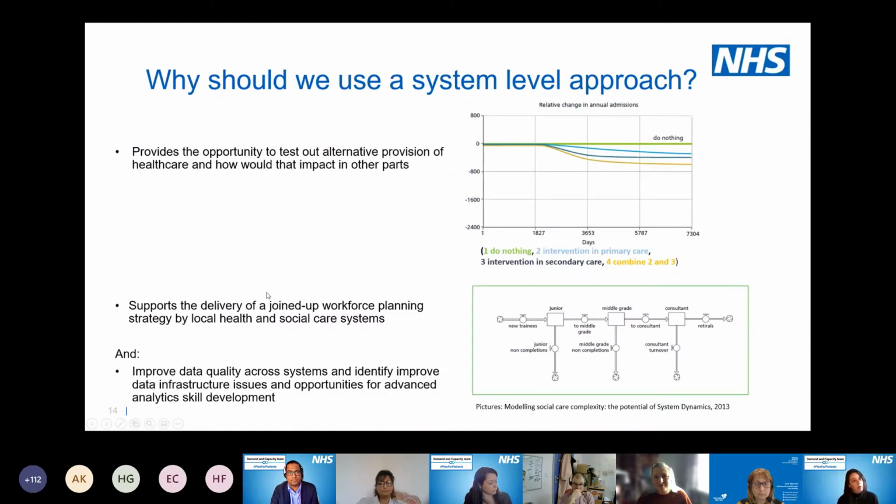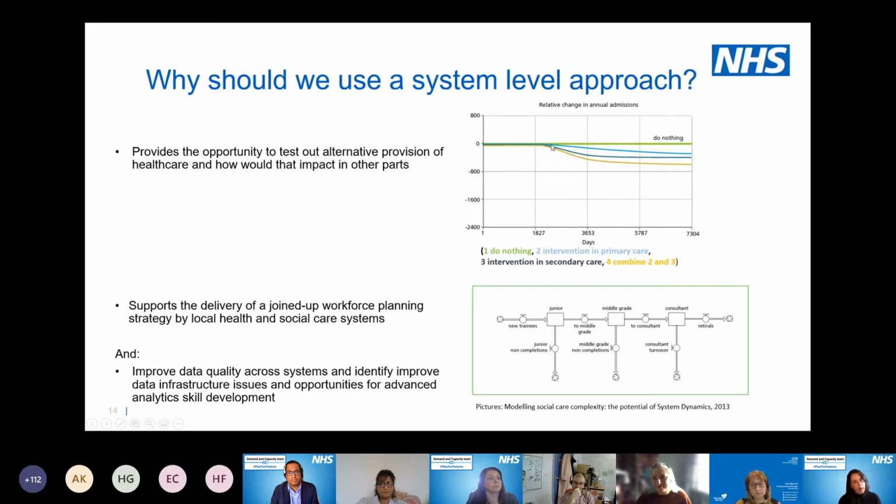And again, why should we use a system level approach? You can test out the opportunity of doing something or nothing. Just to show you one of the quick outputs from one of the models: if you were to look at relative change in annual admissions, could be admissions via A&E, whatever it might be, the model allows you to say, if you do nothing, what happens?